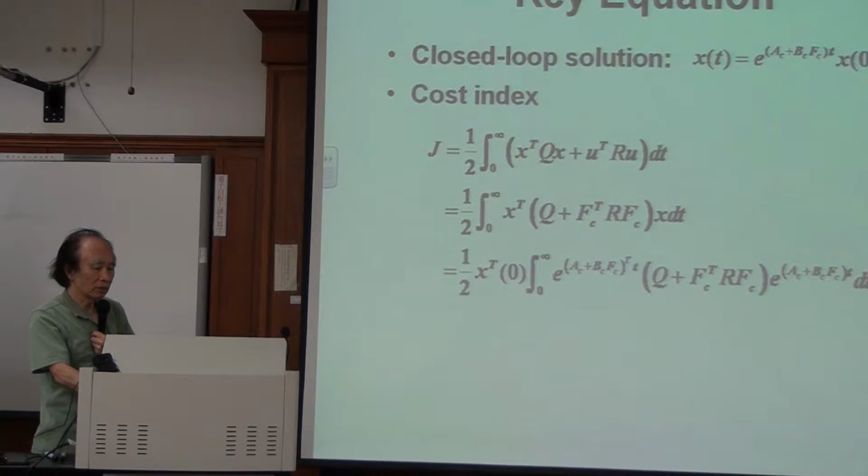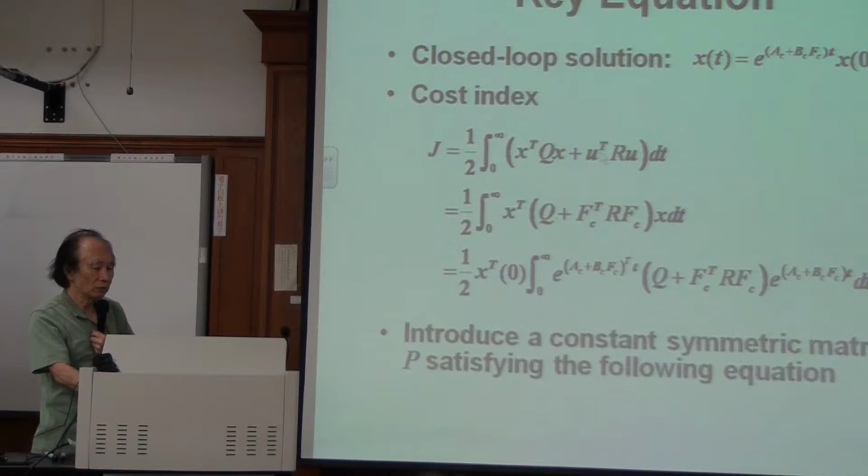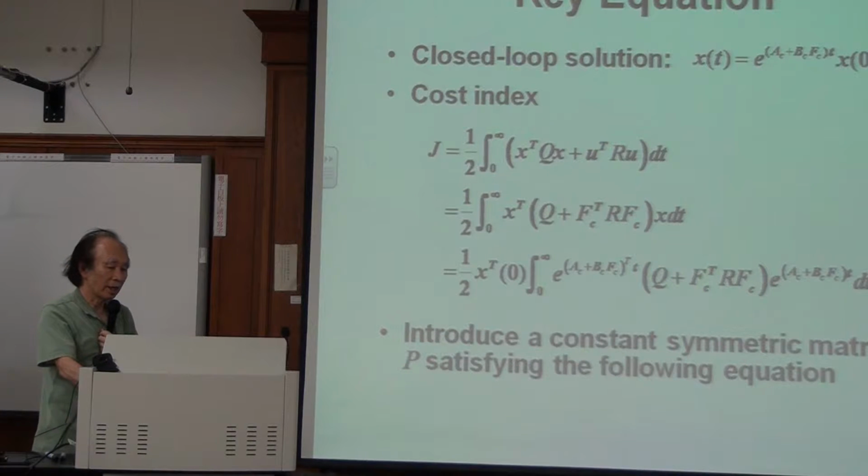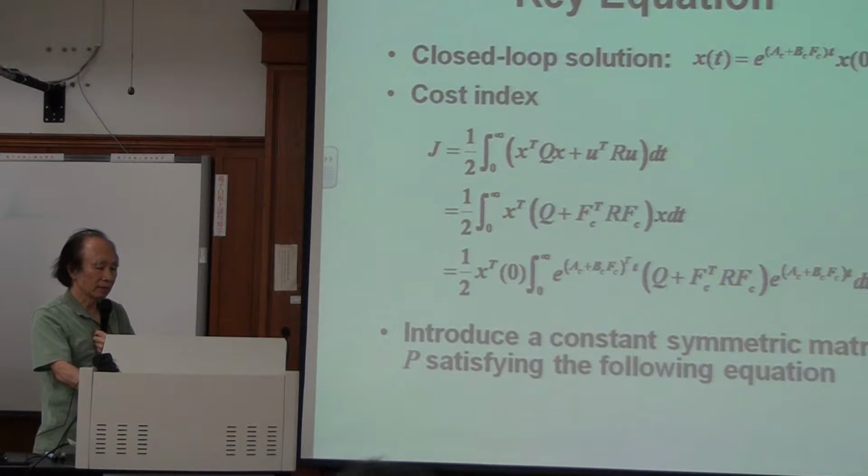So here we substitute U equals FCX in. Then I get Q plus FC transpose R FC, X dt, and then if I substitute this X into it, then I have these equations.